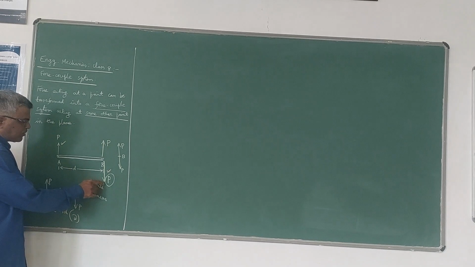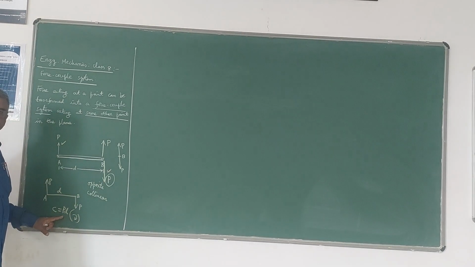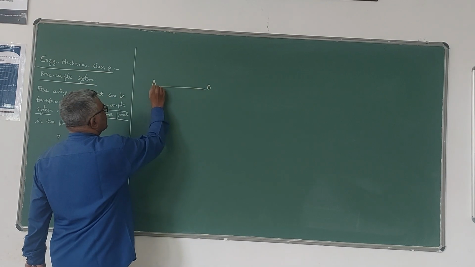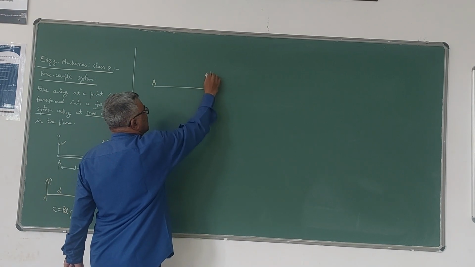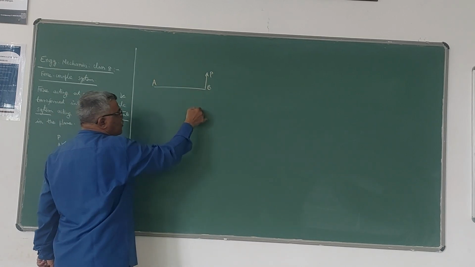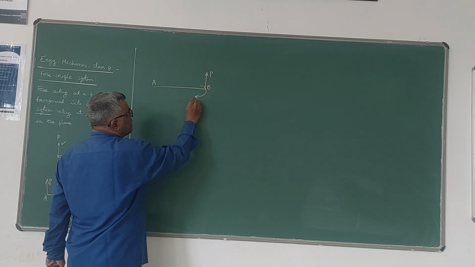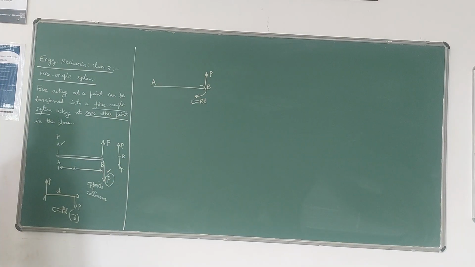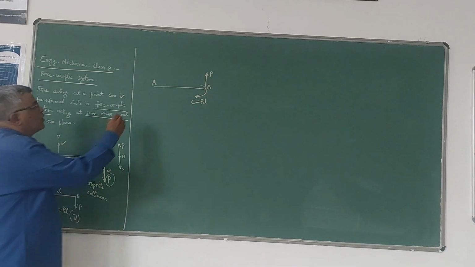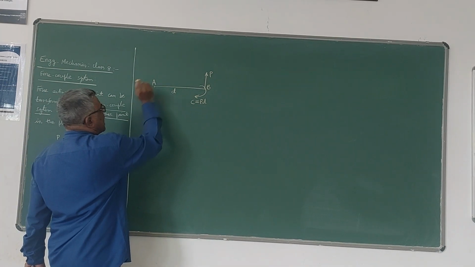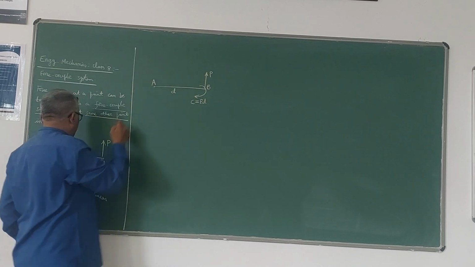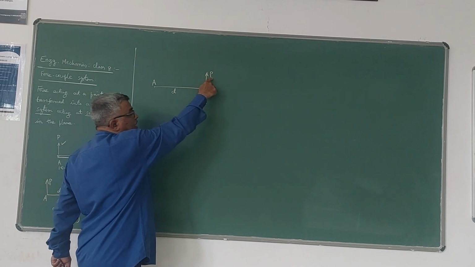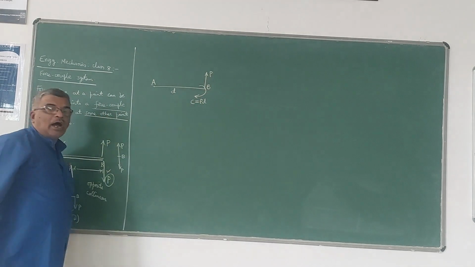So I can write like this now, AB, this force P and this force P can be replaced by a couple of magnitude P into D in the clockwise sense. That means now whatever force is there at A, that force P, is replaced by a force P in the same direction and a clockwise couple at B.